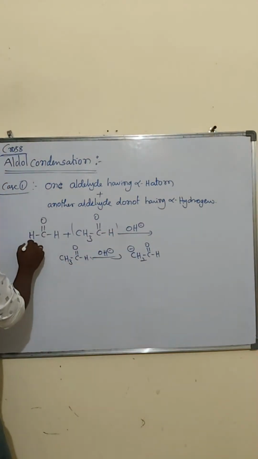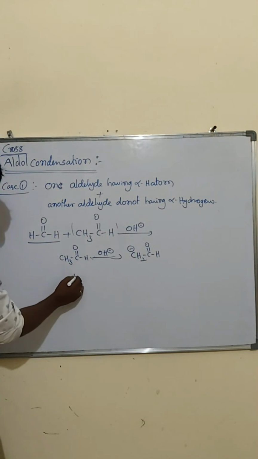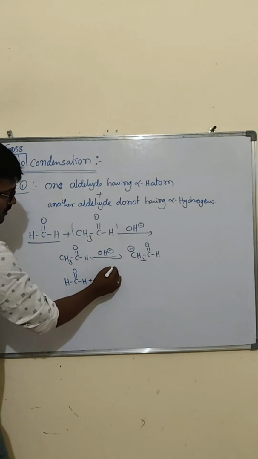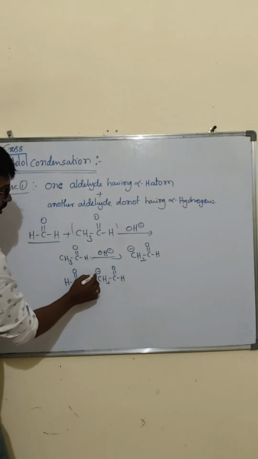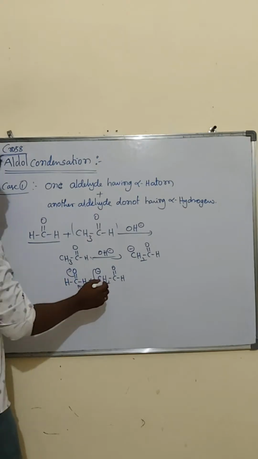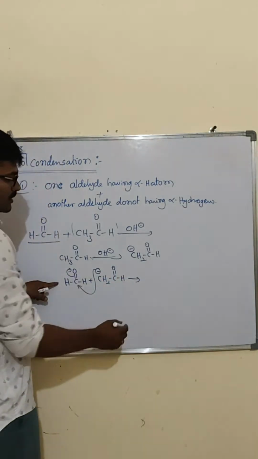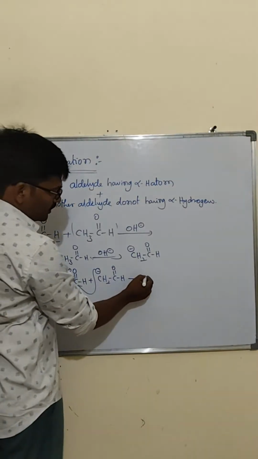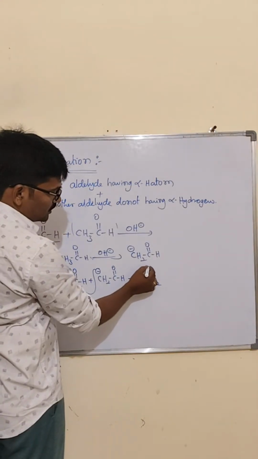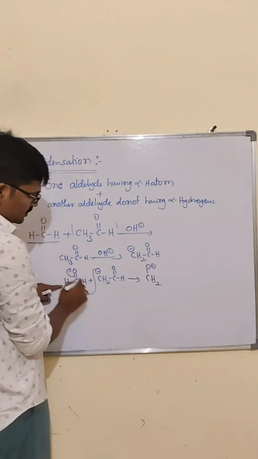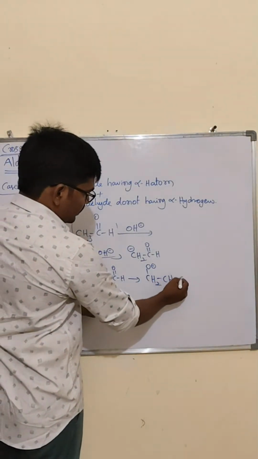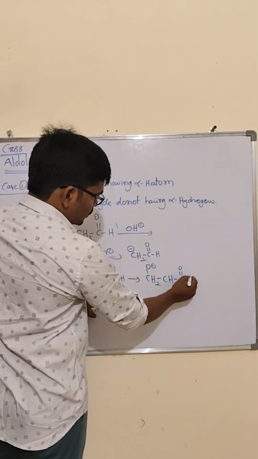This carbanion is treated with HCHO, HC double bond OH. Now CH2, then C double bond OH minus. This negative charge is going to attach to the carbonyl carbon, and the bond will be shifted towards oxygen. Then the resulting CH2 oxygen has a negative charge, then the remaining CH2 is attached, then C double bond OH.